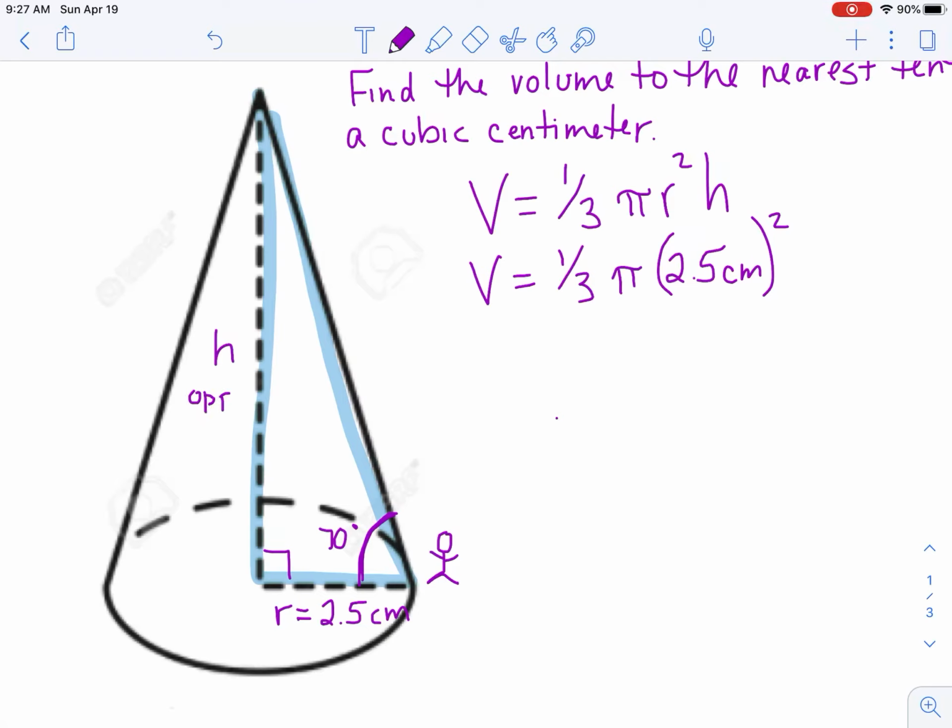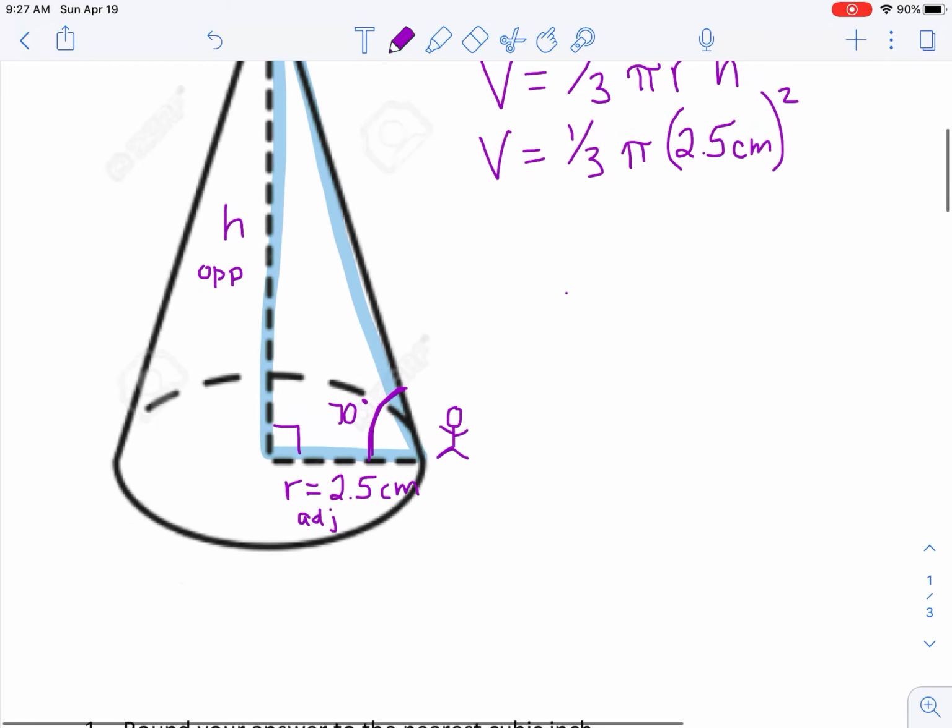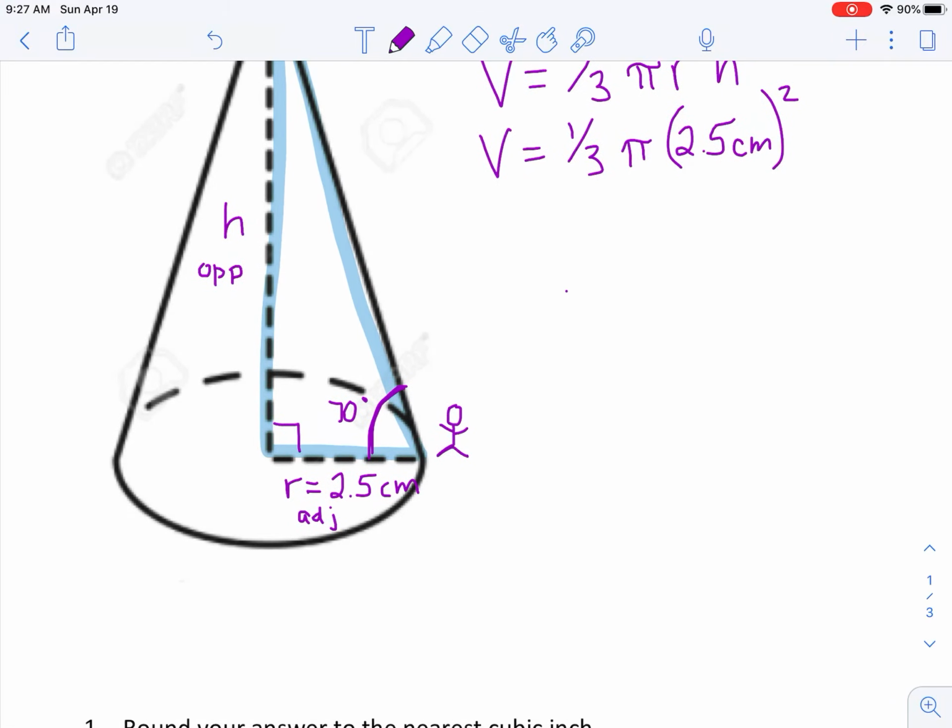The height that I want should be the opposite side, and the radius is the adjacent. Take a second to decide which trig function you'll use. Hopefully you're thinking you'll use tangent.